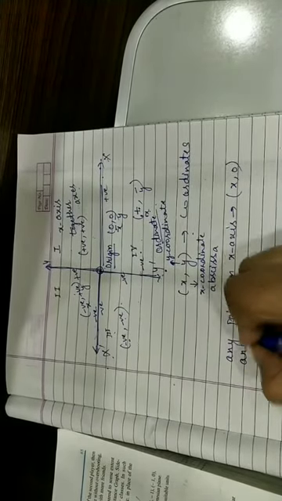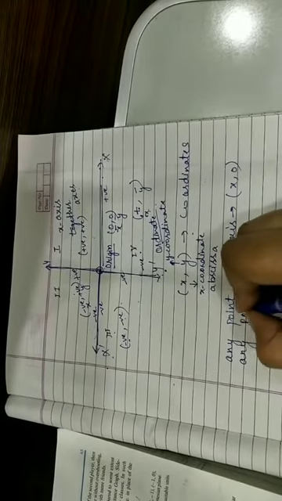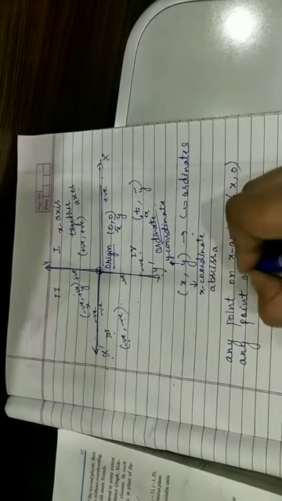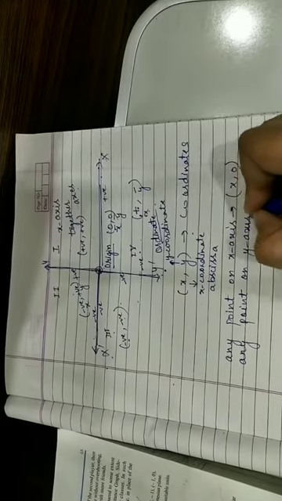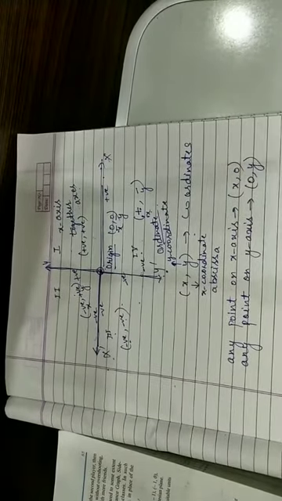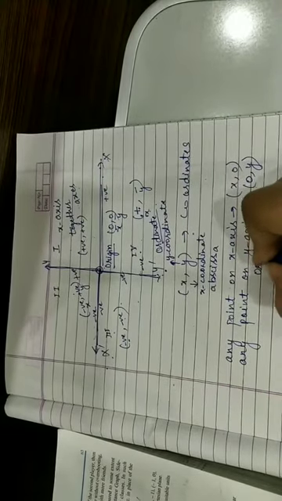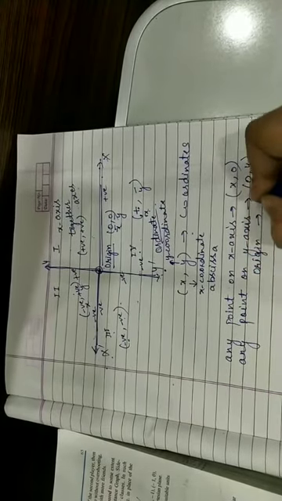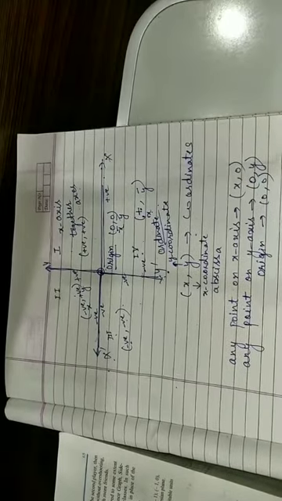Any point on the y-axis will have x coordinate 0, that will be like this, 0, y. And the origin is 0, 0. Fine.